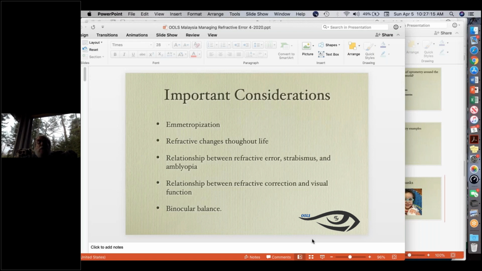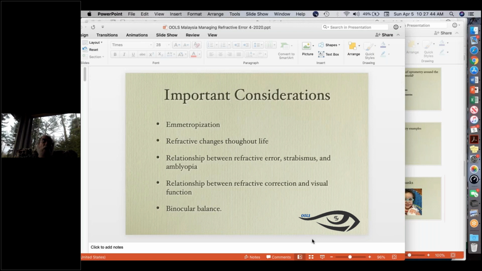So there are some additional important considerations that you need always to be thinking about when you're providing refractive correction to children. First of all is the process of emmetropization. And just to remind you, emmetropization is the normal, natural, historical change in refractive error that occurs from birth out to sometime during childhood.